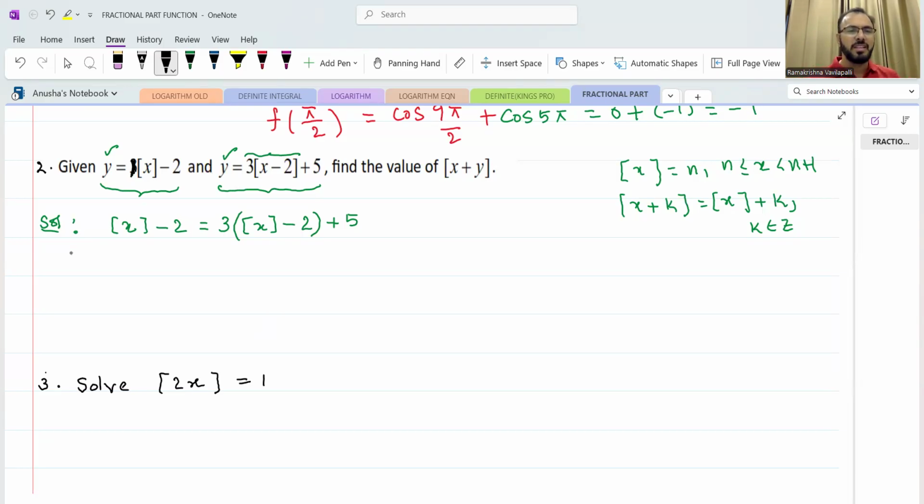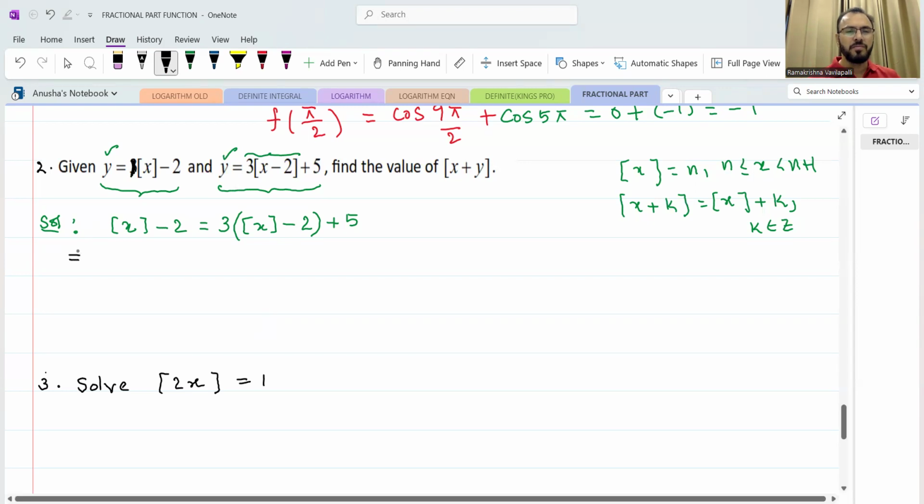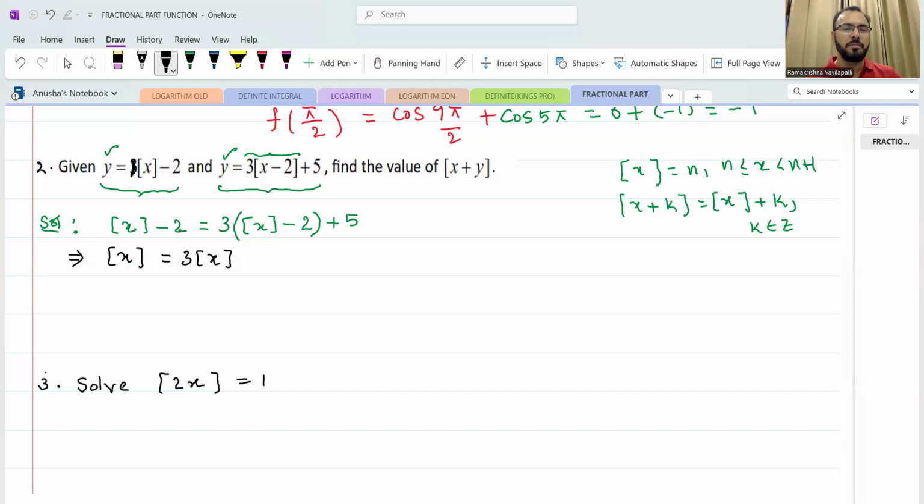All right. This implies, see, integral part of x equals 3 into integral part of x, minus 6 plus 5 is minus 1. Bring this minus to this side, you will get plus 1.